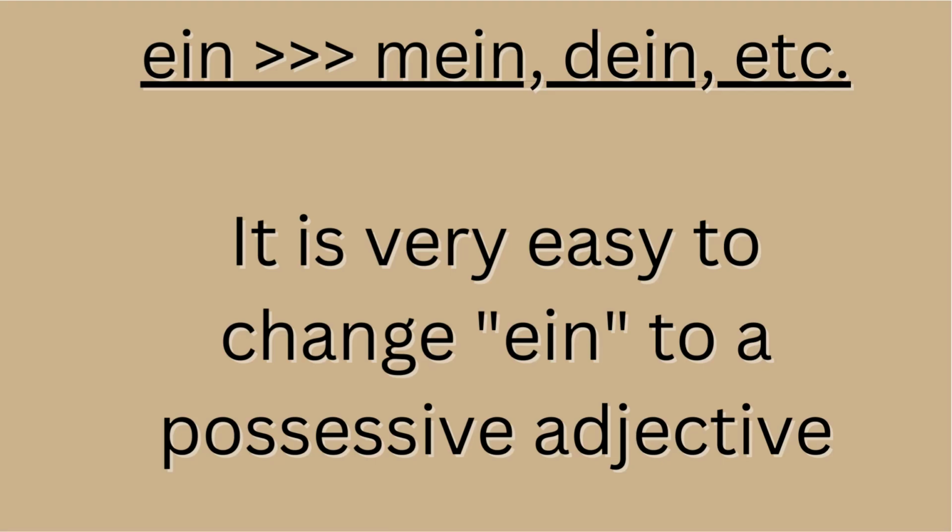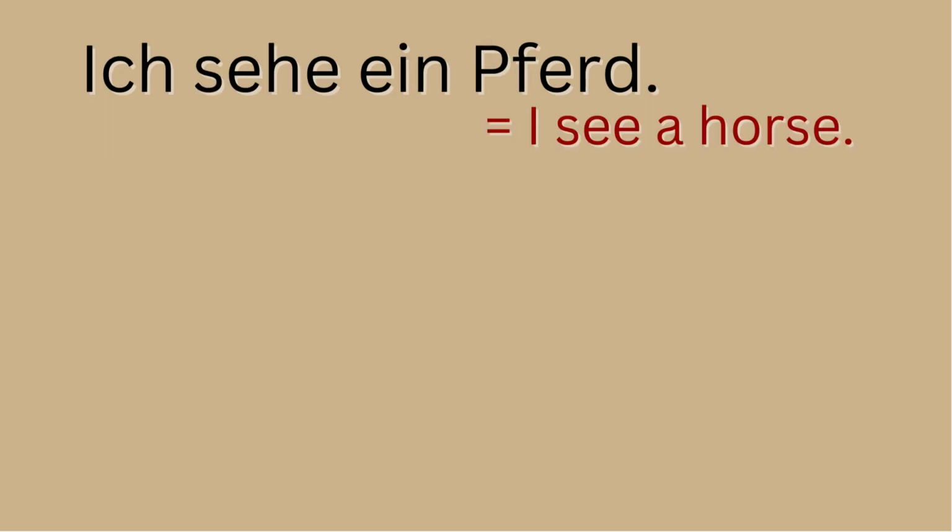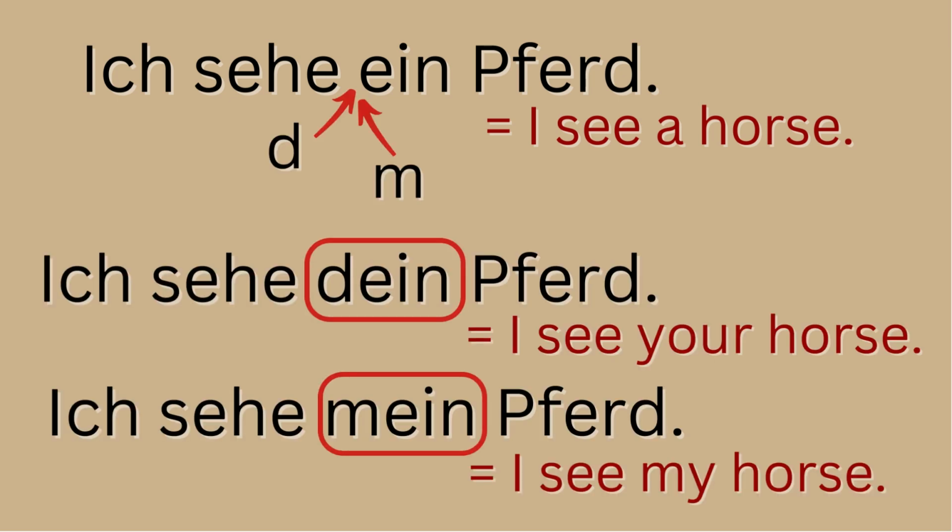If you want to change a dog to my dog or your dog in German, there's nothing easier than that. All you have to do is add a D for dein, your, or an M for mein, my. So for instance, ich sehe ein Pferd, I see a horse. I could easily change that to ich sehe dein Pferd, I see your horse.